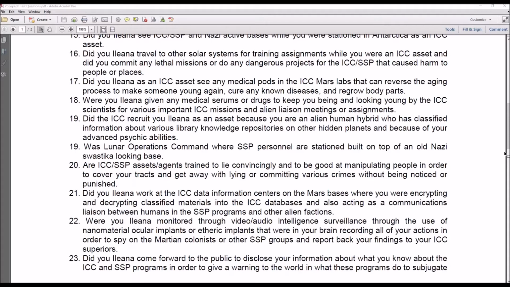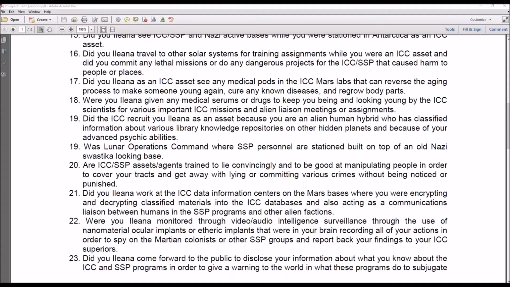Lunar Operations Command was built out on its own as an SSP base. The SSP personnel did not want the energy of anything to do with the Nazis or their bases on the moon, so they built out their own base. Yes, the Nazis did have old bases that looked like swastikas on the moon at some point, but the LOC was not built out on one of those old bases.